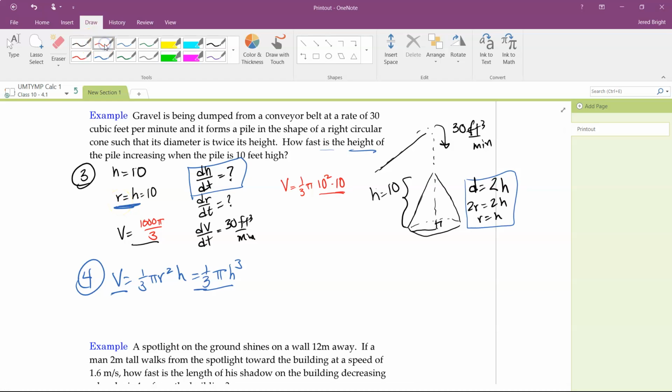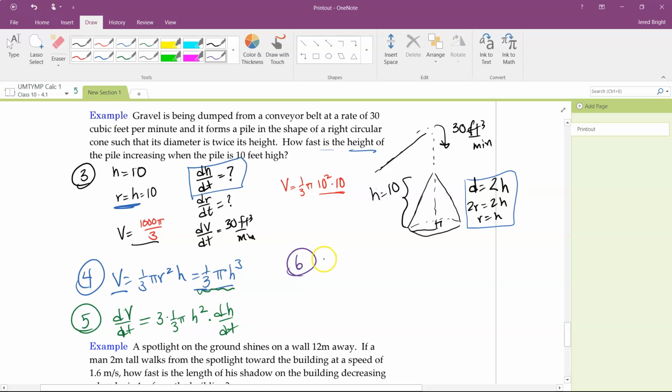So with that, I'm going to introduce a time derivative. Okay, differentiate V with respect to time, we get dV/dt. And then differentiating this result, it'd be 3 times 1/3, I'll write it out, 3 times 1/3 pi h squared times, now the derivative of h via implicit differentiation. And then in step 6, I have to substitute and solve.